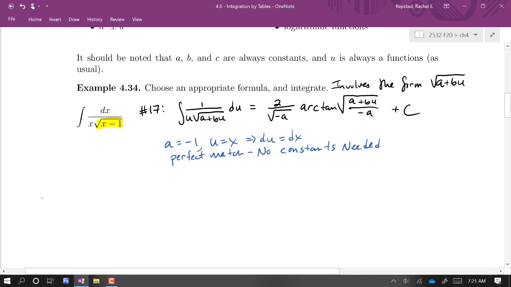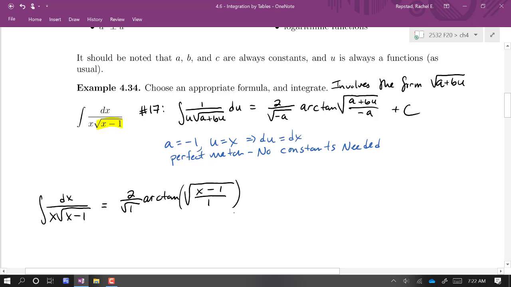So now let's use it. So this will be 2 over the square root of positive 1 arctan of the square root of negative 1 plus x. So I'll just write that as x minus 1 over 1 plus a constant.